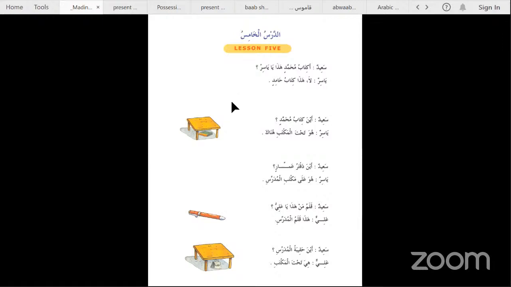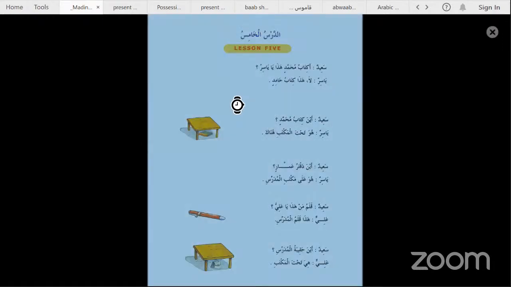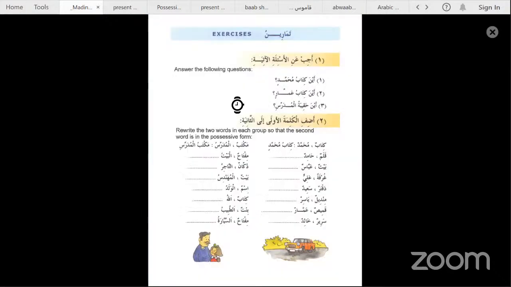Before I start the lesson, I think it's always good that we read the points to remember. It gives a highlight and information about what the lesson is about.